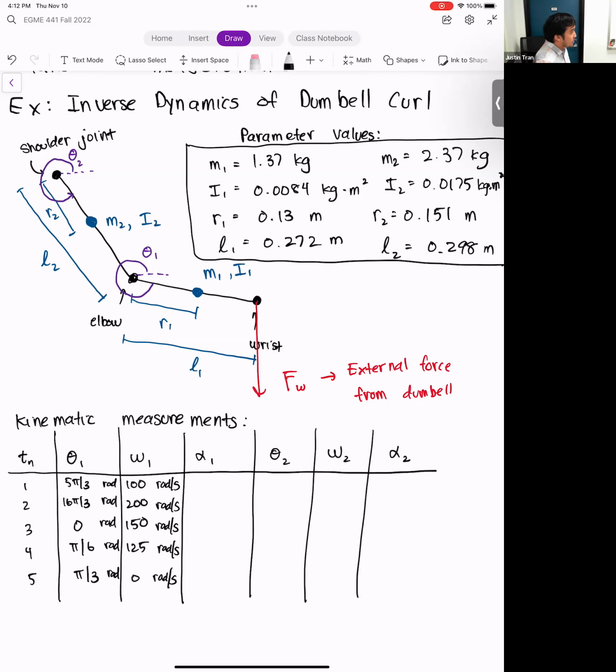And the units for angular velocity are radians per second. We have the angular acceleration. So 500, 500, minus 250, minus 125, minus 625. And the units for this are radians per second squared. Okay.